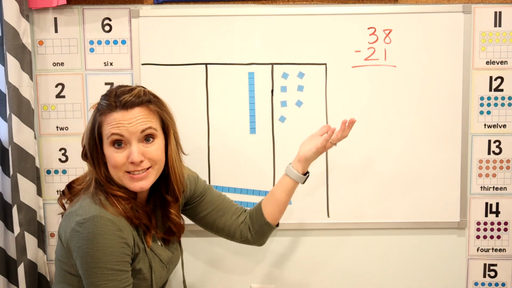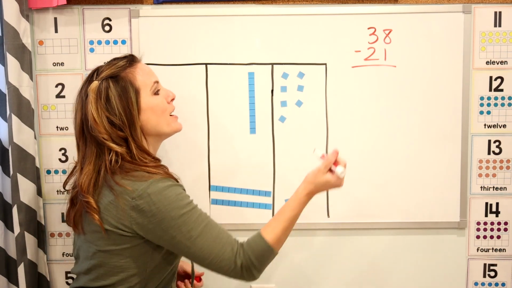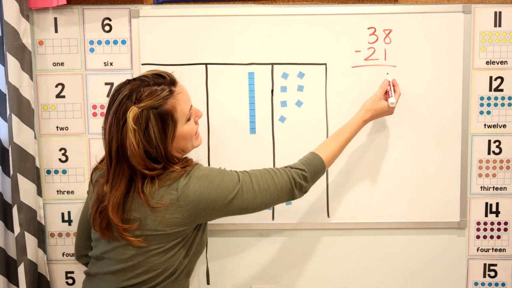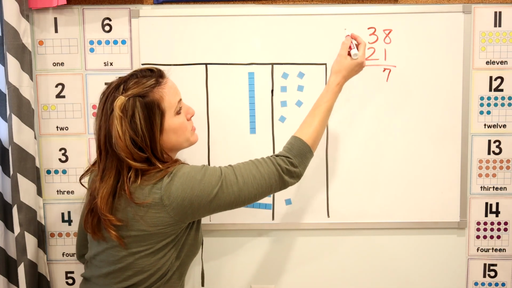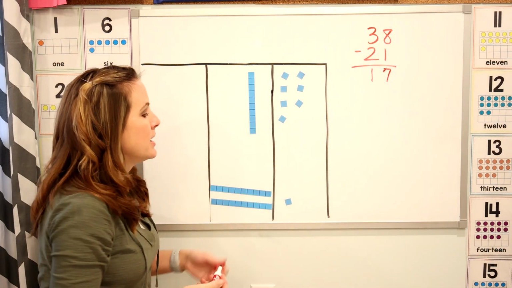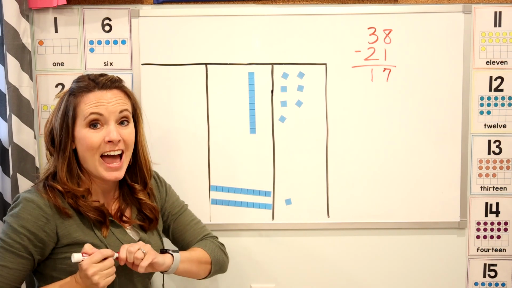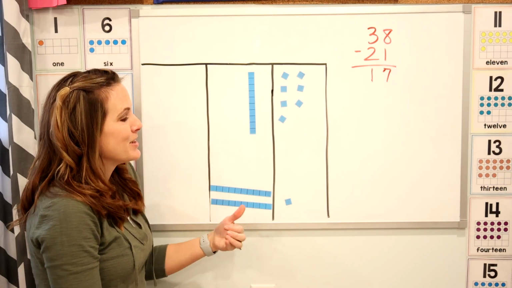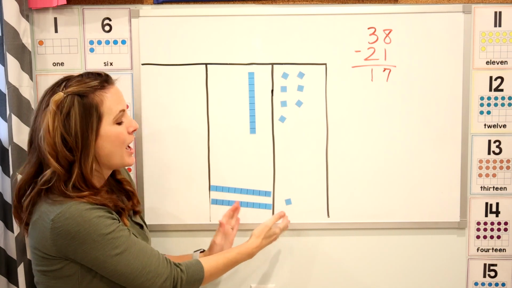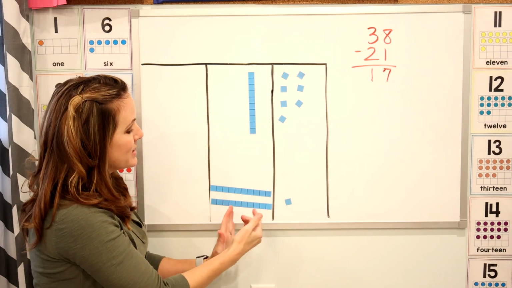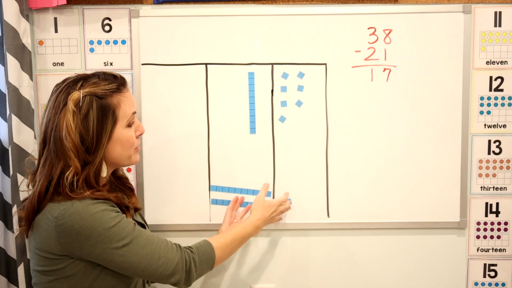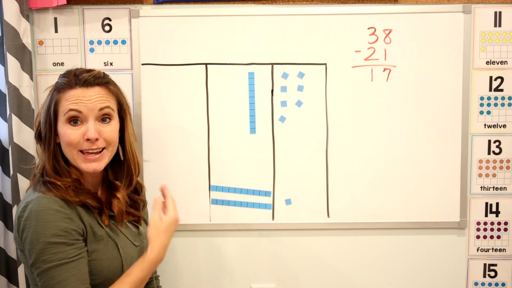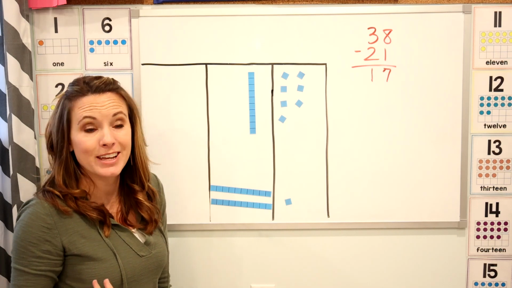Let's go here and let's see if that's the same thing. When I subtract 1 from 8, I get 7. When I subtract 2 10s from 3 10s, I get 1 10. I got the same answer. I like to have my students come back to here and look at the bottom and see 21 here, 17 here, and if I were to put them back together by counting, would I still have 38?